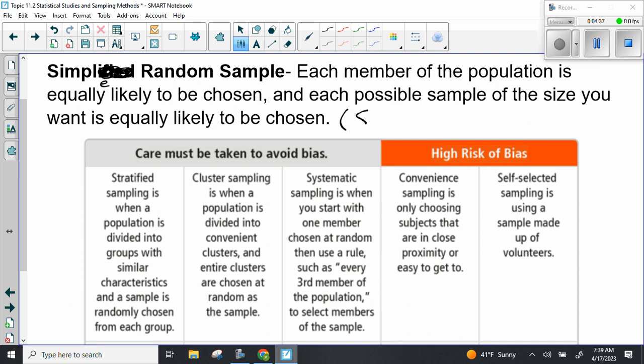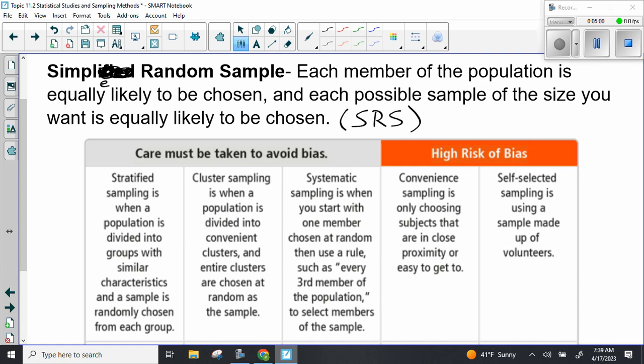Rather than writing simple random sample over and over again, we'll refer to it as an SRS. The idea behind it is that each person in the population has the same likelihood of being sampled. The way that we create a simple random sample is through a process of randomization.